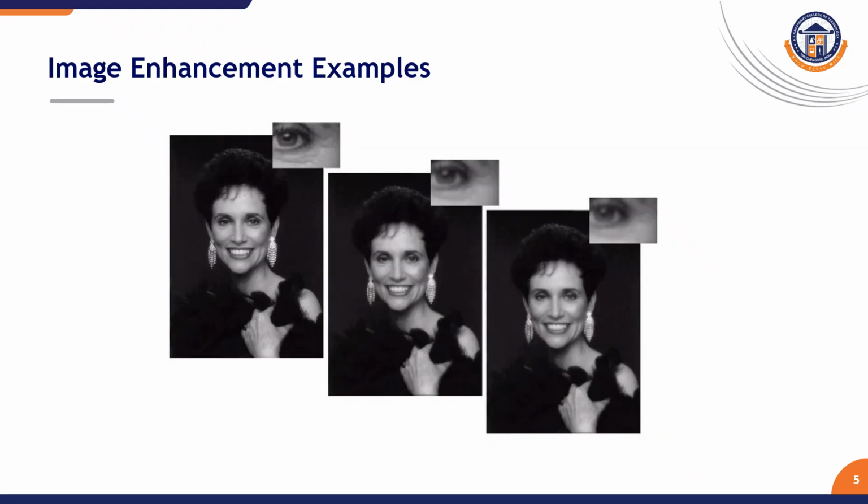And this is another example of image enhancement. Here the picture has less clarity, or is blurred, in the object's eye. After the image enhancement, the eye of the object is clearly visible.